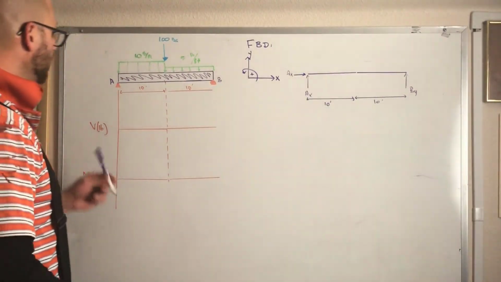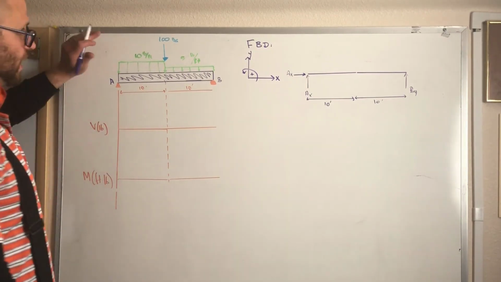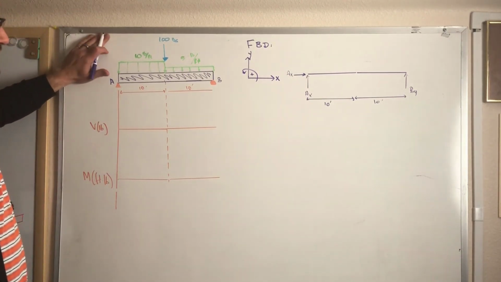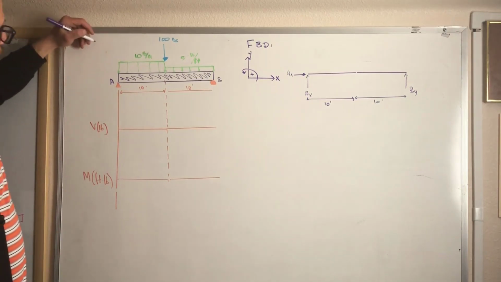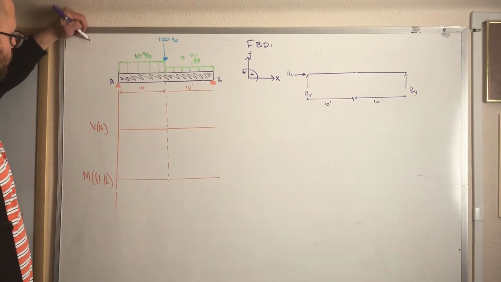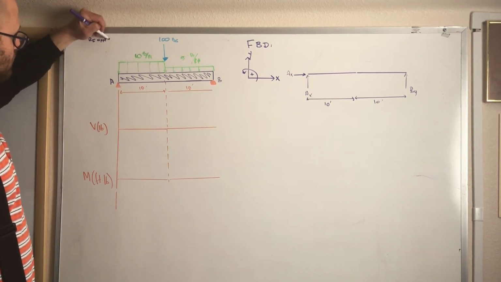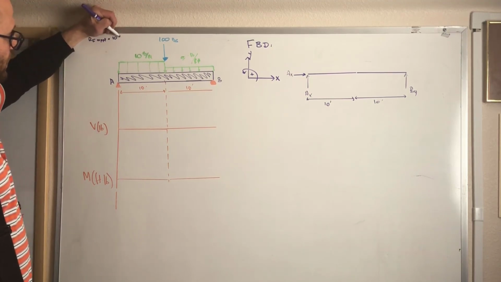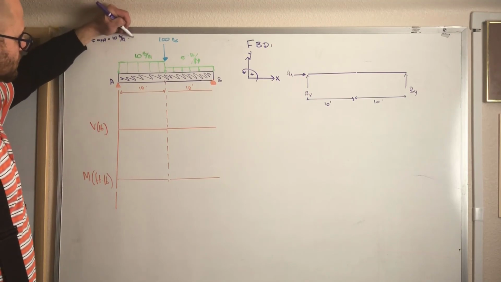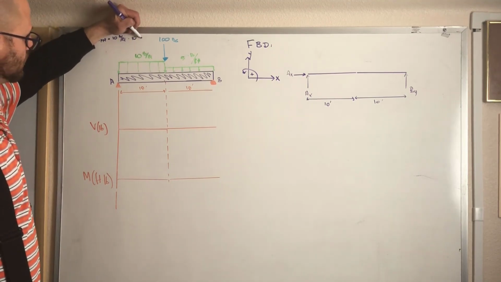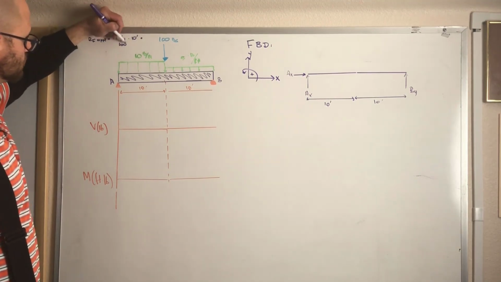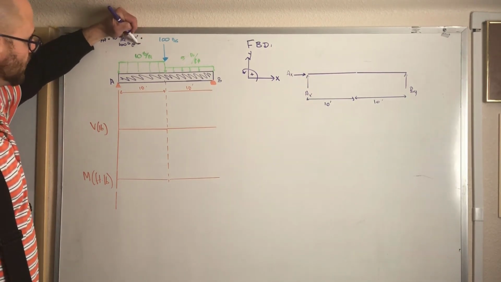All right, so now I start doing some of my math. I'm going to focus some of that math over here so I don't confuse it. So my reactionary force for my 10 pounds per foot is going to equal 10 pounds per linear foot times 10 feet equals 100 pounds, and that's going to be at 5 feet.